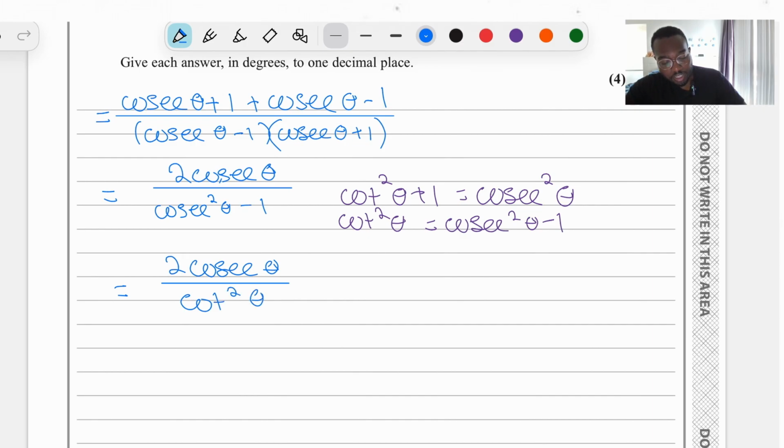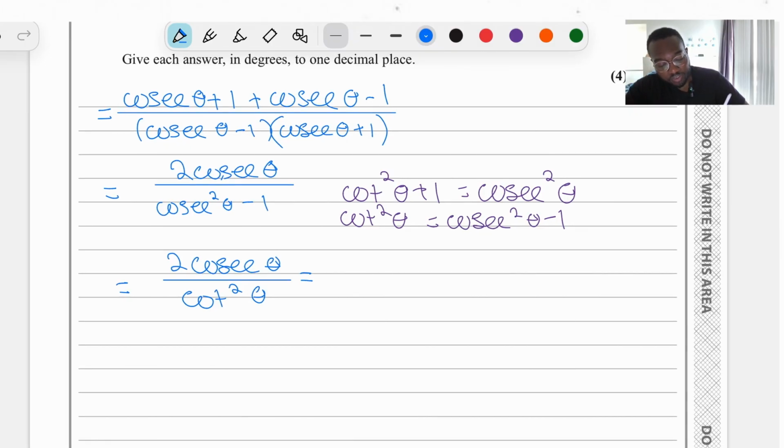And now we're at this stage. Let's change all of these around. If we change the cosec theta, effectively we have 2 cosec theta divided by cot squared theta. So we have 2 over sine theta. I've just changed that cosec theta into 2 over sine theta, and we are dividing by cot squared theta.